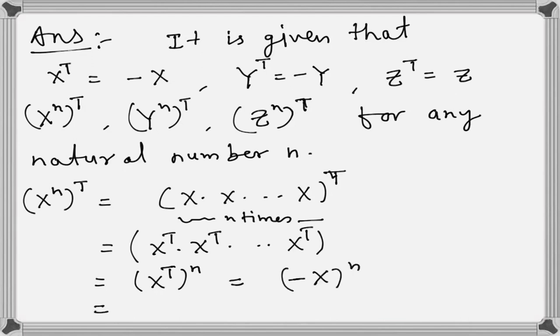So this is nothing but (minus 1) to the power n times X to the power n. So this is the relation we have. That means X to the power n transpose is equal to (minus 1) to the power n X to the power n.